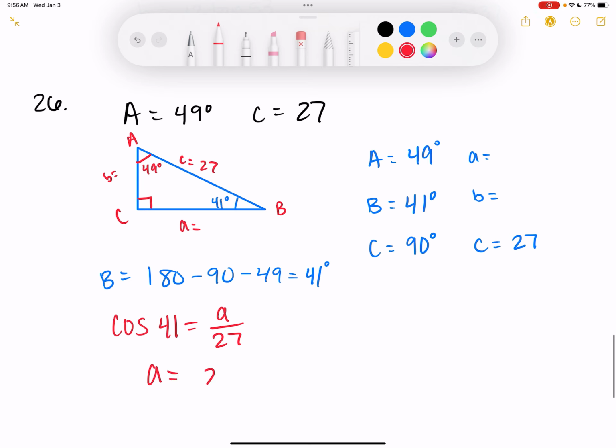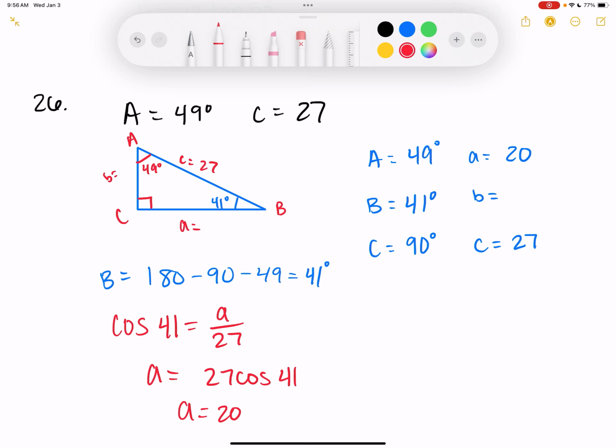So A is going to be equal to 27 cosine of 41. And you would just type that in, 27 cosine 41, which is going to end up being 20. So side A is going to be 20.